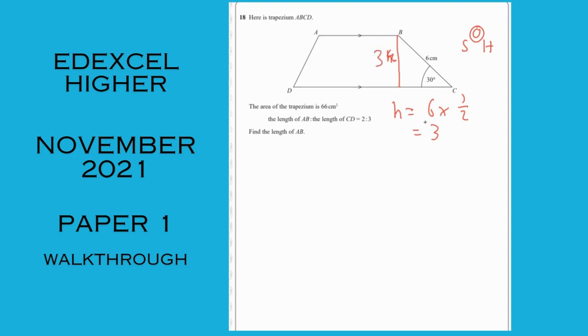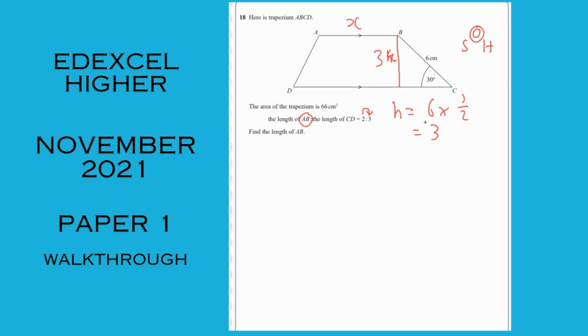Then it tells us that the length of AB to the length of CD is 2 to 3. Now, in other words, whatever AB is, to go to CD, we need to multiply it by 1.5. To go from the number 2 to 3, you need to add on half.